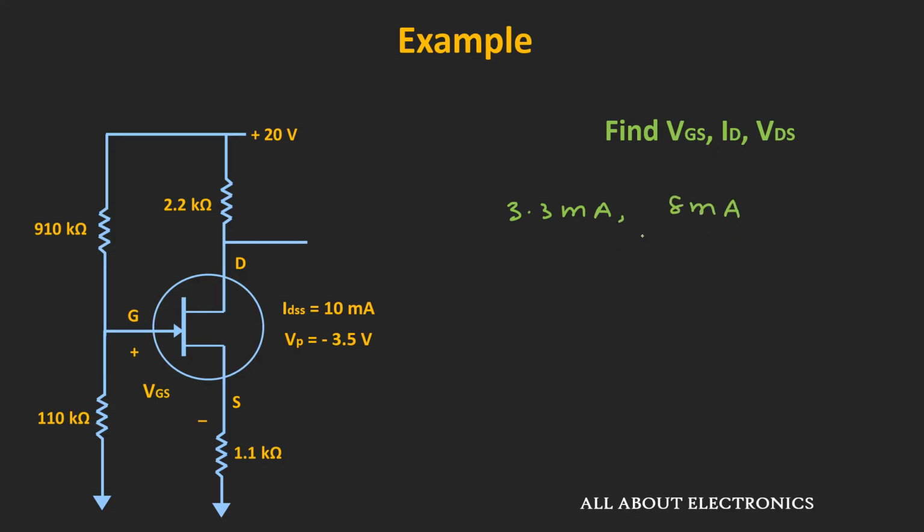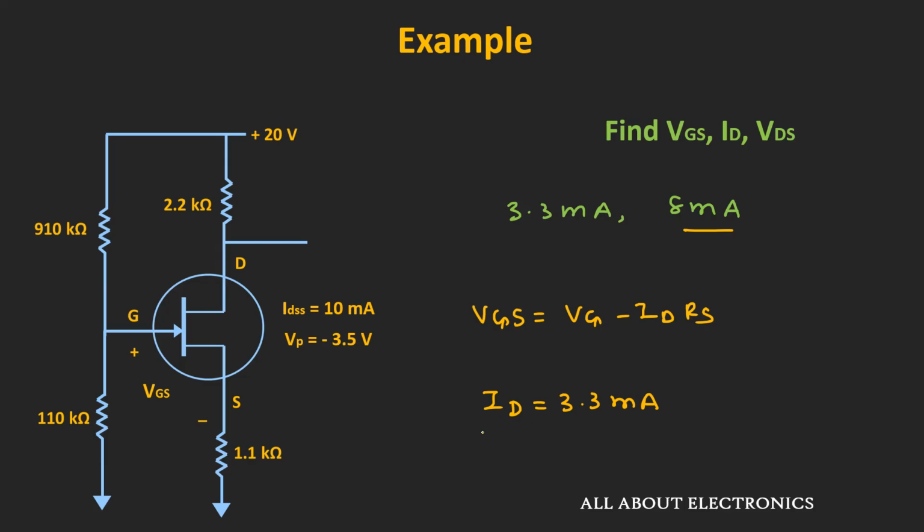But the value of drain current as 8 milliampere is not possible, because with this value of drain current, if we find the value of VGS, that is VG minus ID times RS, then in this case it will be less than VP. And if that is the case, then the drain current ID should be equal to 0. That means for the given configuration, the value of the drain current ID is equal to 3.3 milliampere.